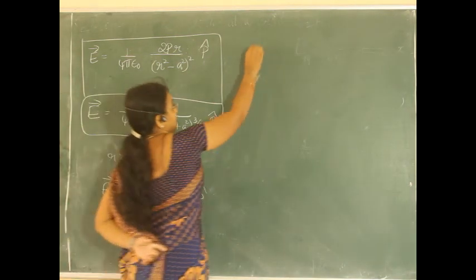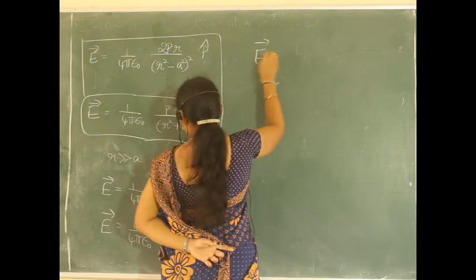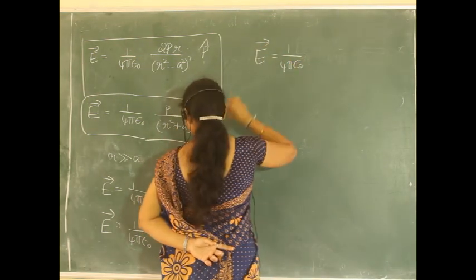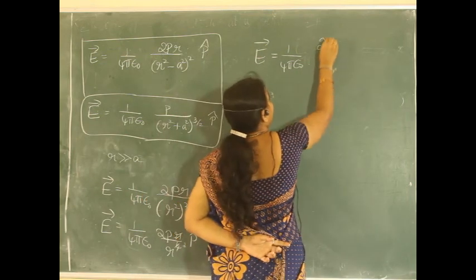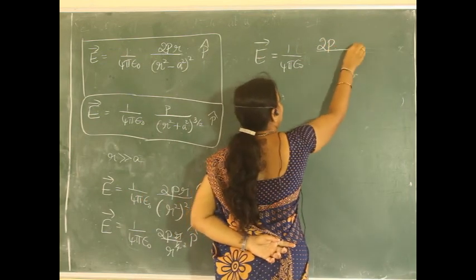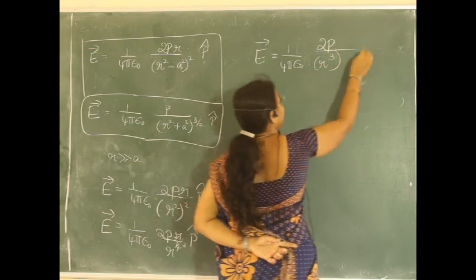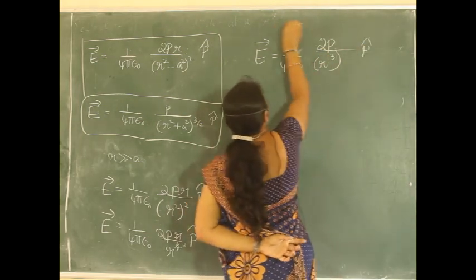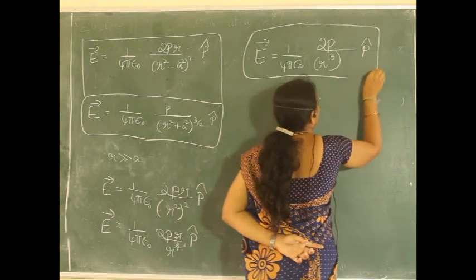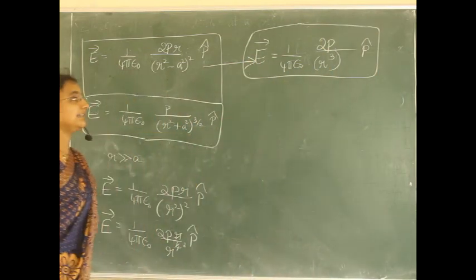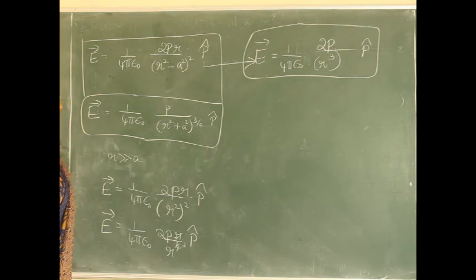E vector is equal to 1 by 4 pi epsilon naught, 2p divided by R cube, into P cap. This is the expression we get if R is greater than A.